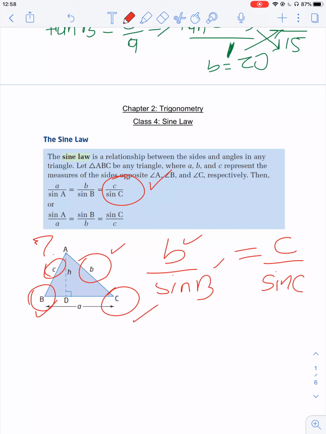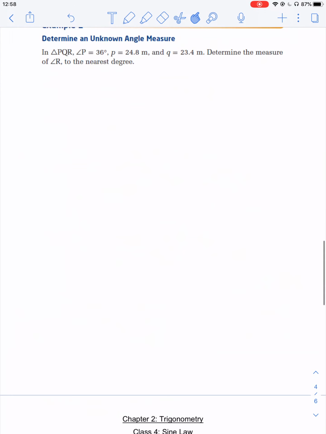If B is given to you, then you can find angle B. But if sine A is given to you, let's say, then you can find side length A. So it really depends on the question. Let's do one more example and hopefully this will make more sense.